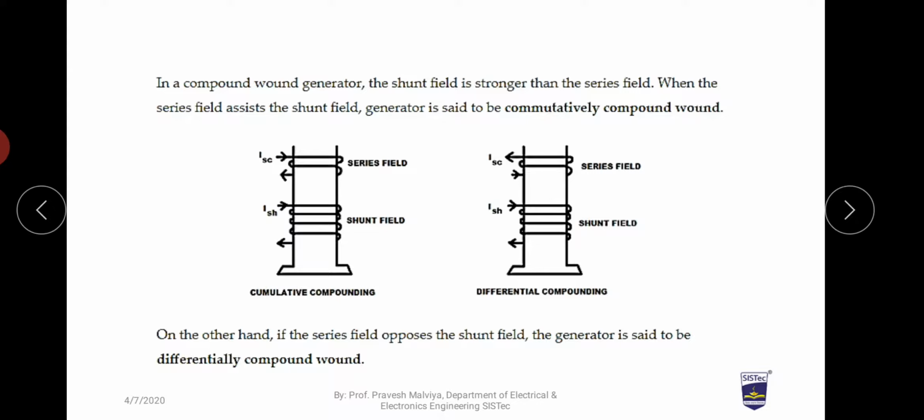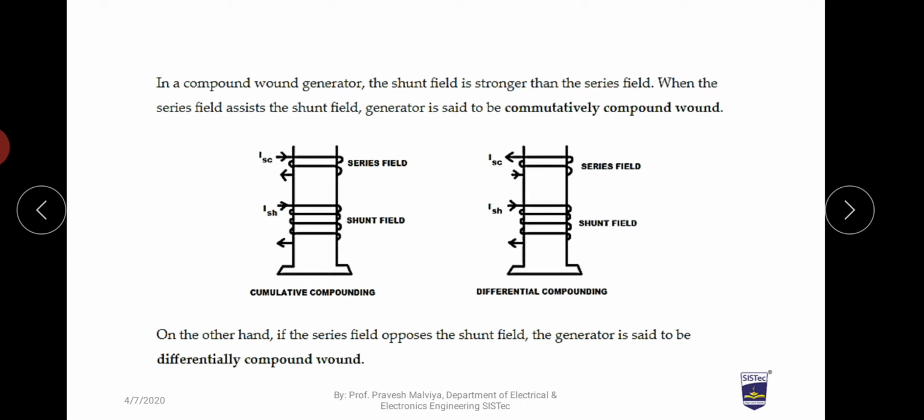And when the series field opposes the shunt field, the generator is said to be differential compound. So when both the windings, series and shunt, are working together, it is cumulatively compound. But when they are acting opposite to each other, it is differentially compound wound.